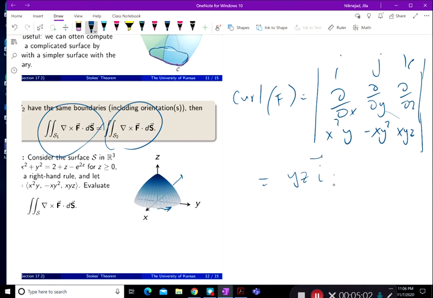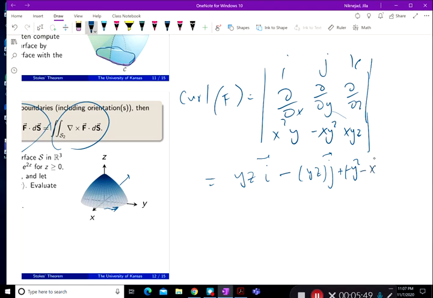So y z times i, then the partial of x y z with respect to x, which is y z, and then the partial of x squared y with respect to z, which is 0, and then the partial of negative x y squared with respect to x, which is negative y squared, minus the partial of x squared y with respect to y, which is negative x squared.